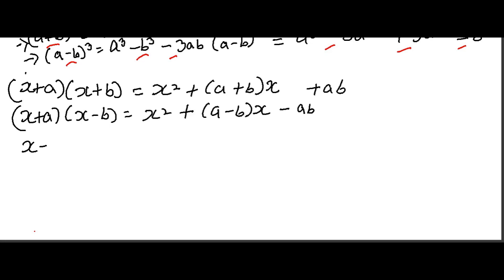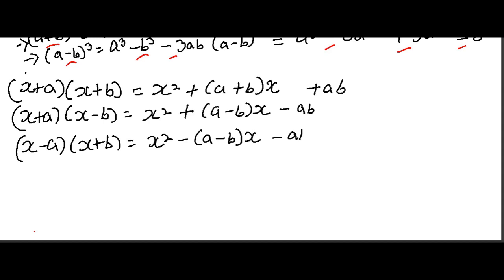You see, x minus a into x plus b. This expands as x square minus a minus b into x minus ab, and the fourth in this series is x minus a into x minus b.